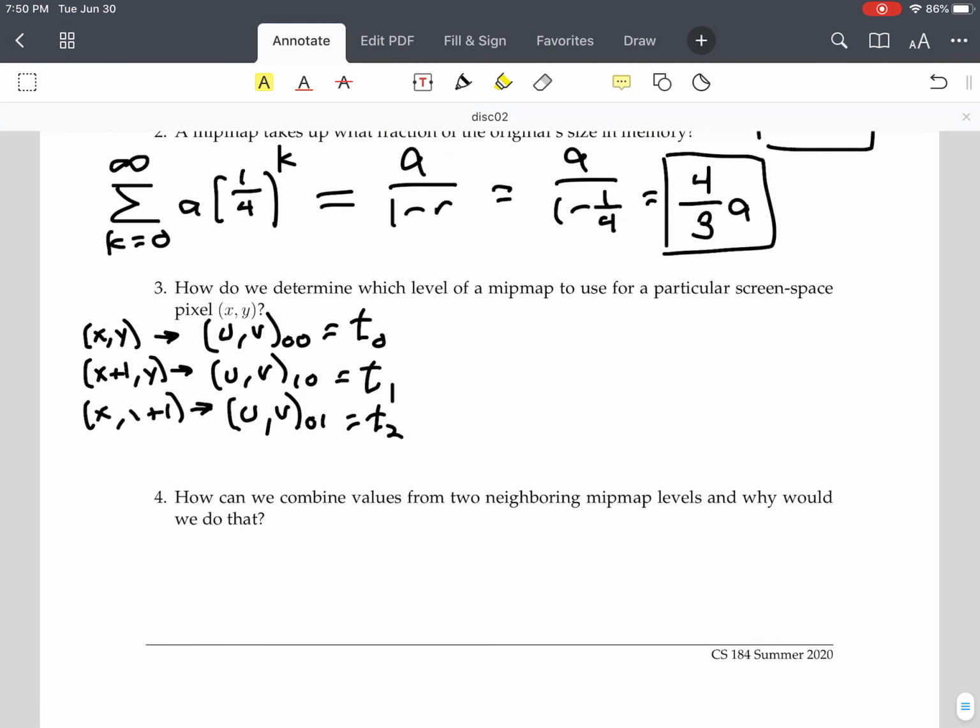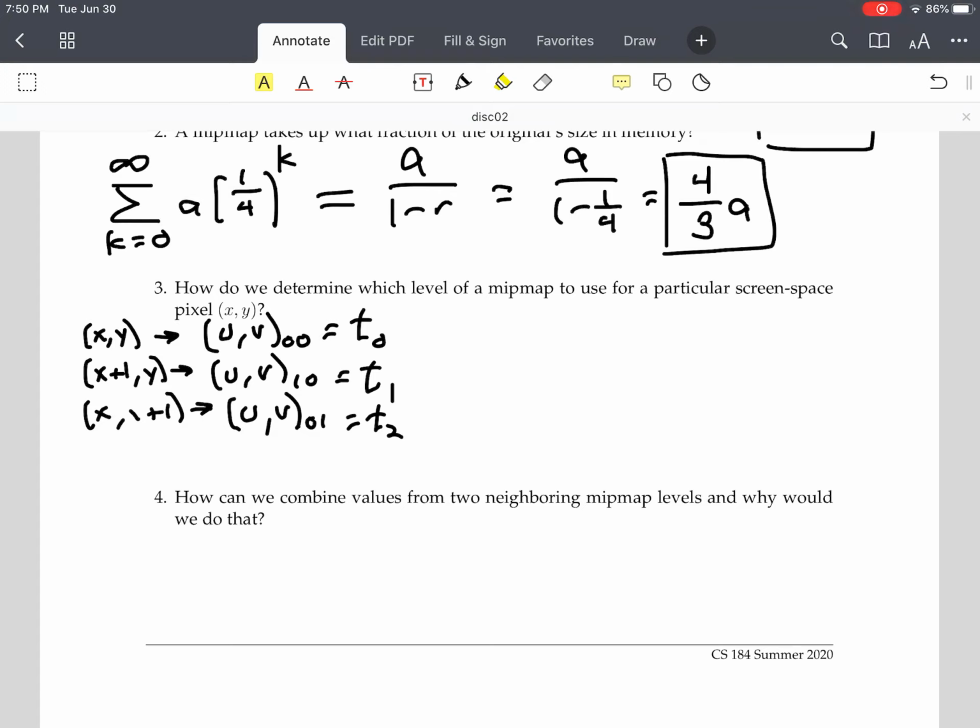And so now, let's talk about the next thing. How do we determine which level of a mipmap to use for a particular screen space pixel x, y? First of all, on the left here, I've written out some conversions.